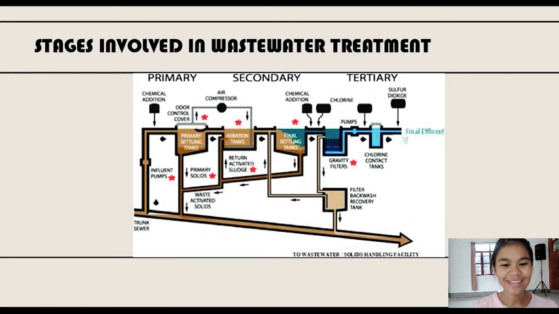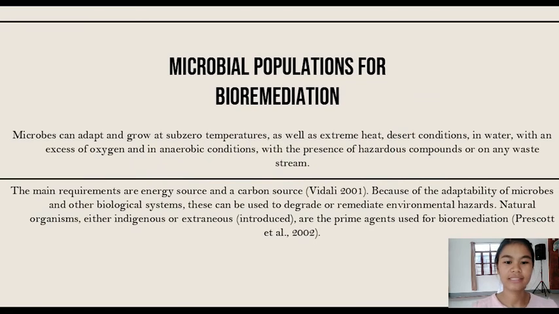Another one, may I add, in the secondary treatment, dito na din kasi natin i-introduce yung mga microbes to kill or destroy, to break down yung mga hindi na kailangan. Doon nagbibigay ng pollution sa tubig.